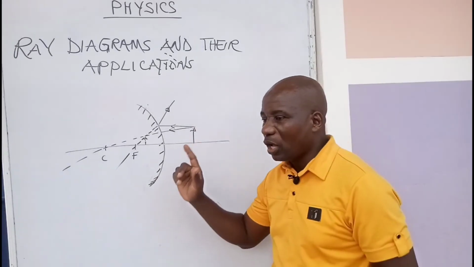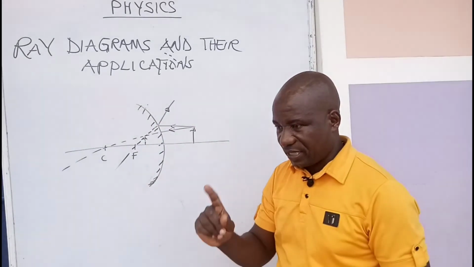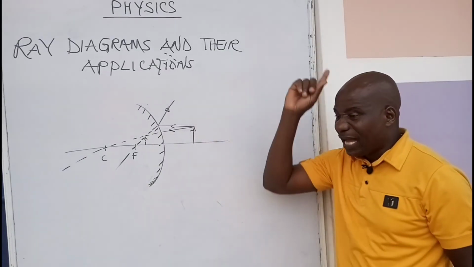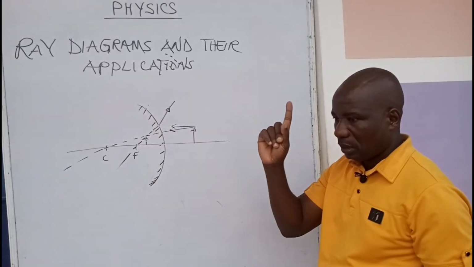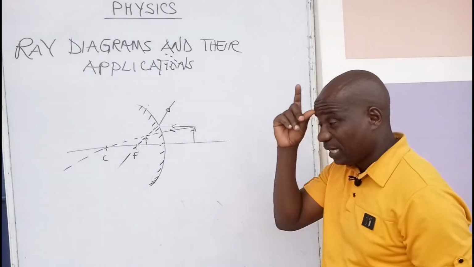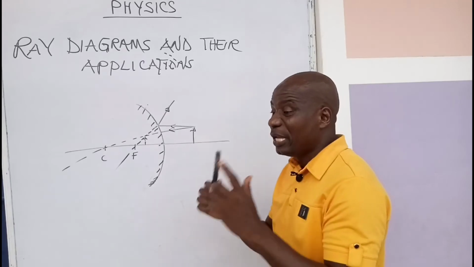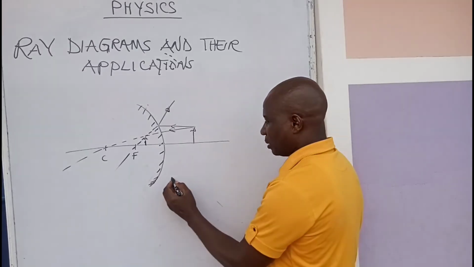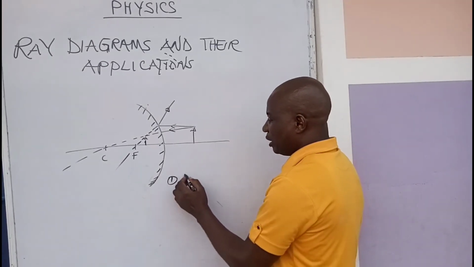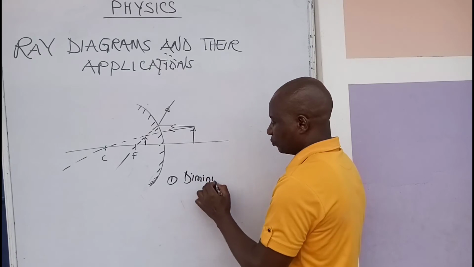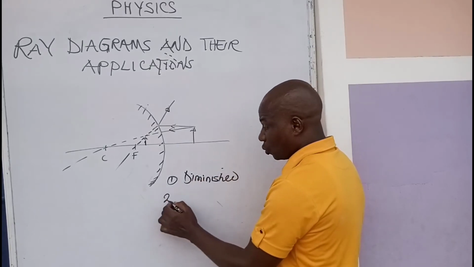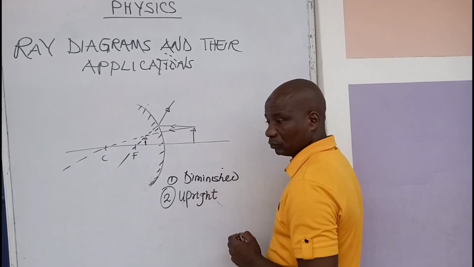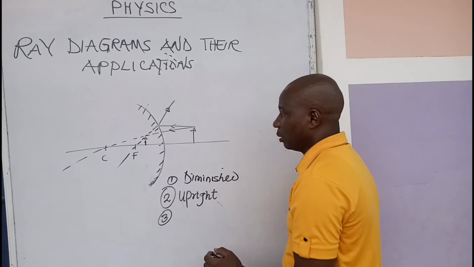Now, the convex mirror, irrespective of the distance, whether very close or far away, has only one kind of image formed. The image is always diminished. One, diminished. Two, upright. Three, virtual.